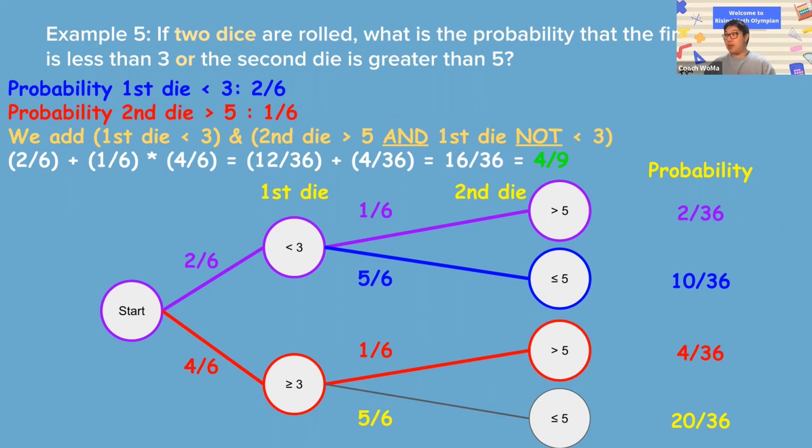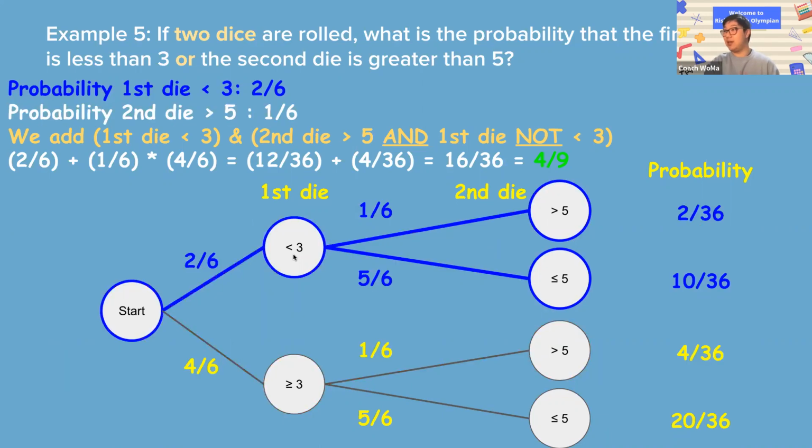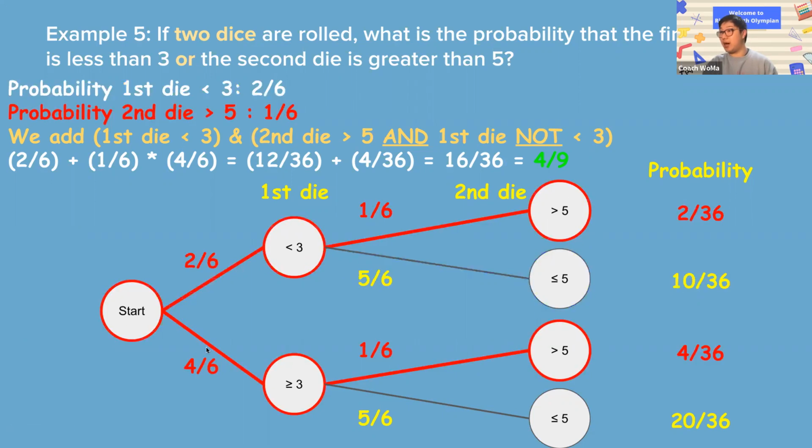Now, if we look at this new way of reading this, we add the first die less than 3, so that's both of these branches. That's going to be the top part. And then second die greater than 5 and first die not less than 3, so that's specifically this branch here, the bottom red branch.